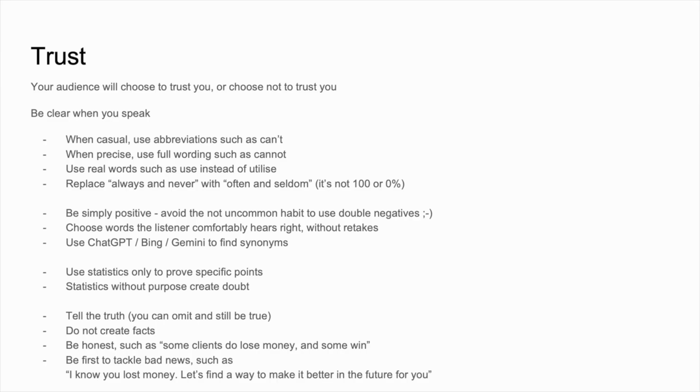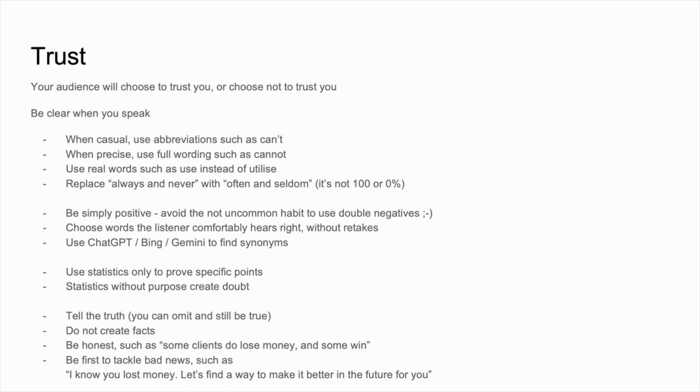I don't use abbreviated words. I use the words do not and cannot because they're clear. Especially if we're speaking with an American audience, where people expect you to say can't, the difference between can and can't is very, very small. But the difference between can and cannot is clear. So be really clear.